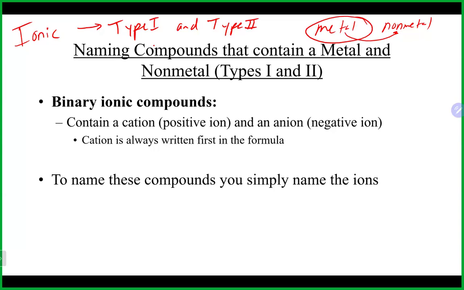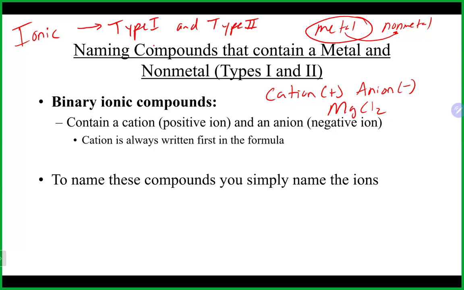When we write formulas for ionic compounds, it is always the positive guy first, followed by the negative guy. That goes both in the name and also the formula. Like I just wrote a second ago, MgCl2, that is the positive ion first, negative guy second. And when we go to name this, we will also do positive guy first and then negative guy second.